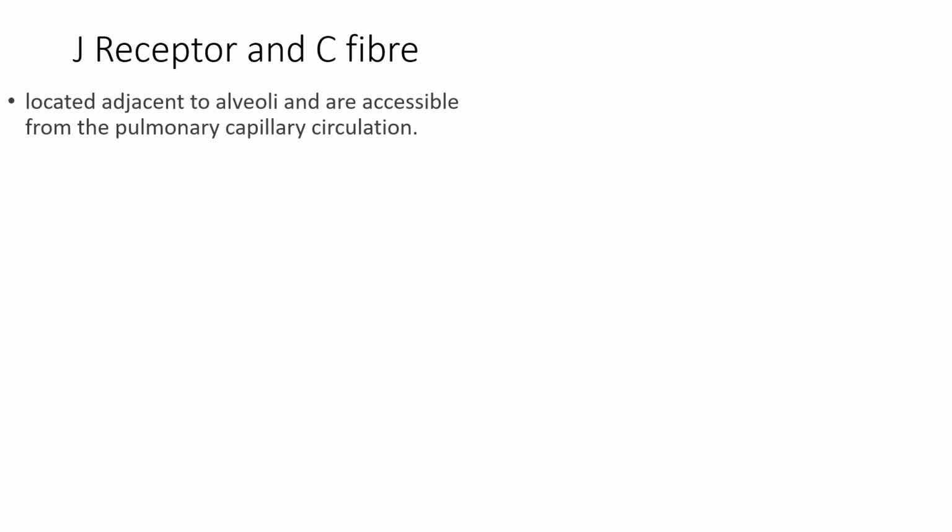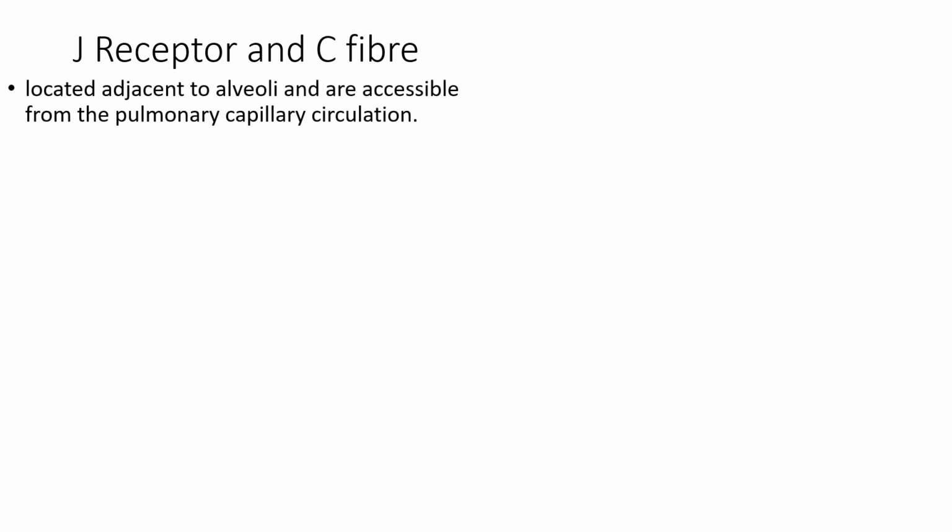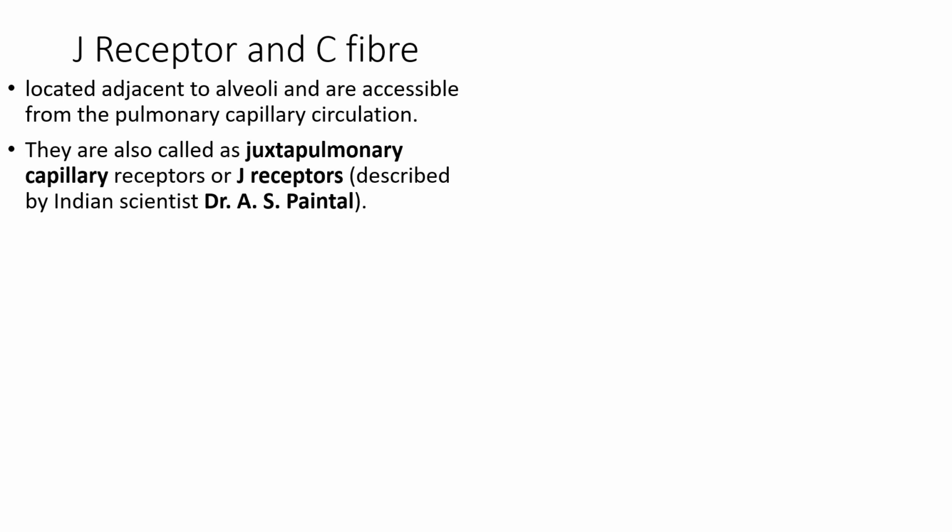Now we are going to discuss the J receptor and the pulmonary C fiber. These are located adjacent to the alveoli and are accessible to the pulmonary capillary circulation. Because of this, it is called juxtacapillary, and the J name has come like this: J means juxtaposition to the pulmonary capillary. It was described by the Indian scientist Dr. A.S. Paintal.